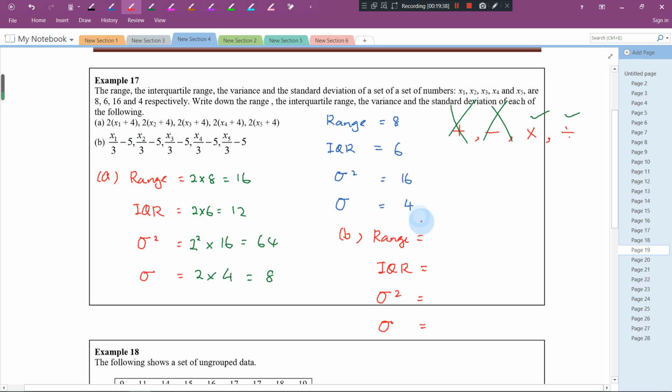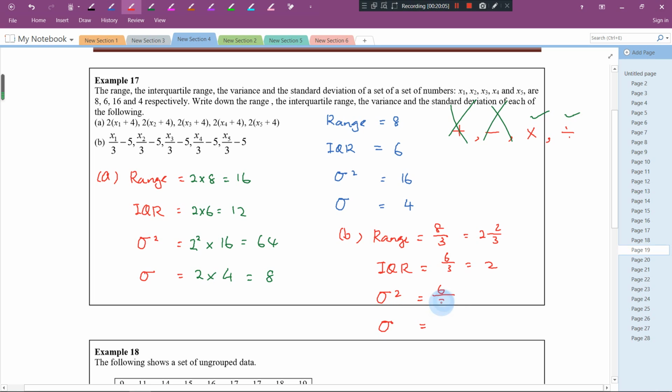Okay, so the new range is divided by 3, so we just take 8 divided by 3. If you want to change to a mixed number, also can. If you don't want, it's okay. So the interquartile range, 6 divided by 3, which is equal to 2. Variance, extra careful. 6 divided by 3?